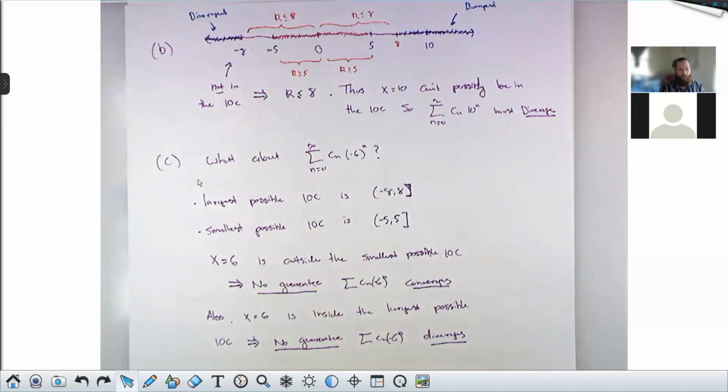So here we're asking, what's the largest interval centered at 0 with radius 8 that does not include the number -8? And that's this guy. Here we're asking, what's the smallest interval centered at 0, radius 5, that does include +5?